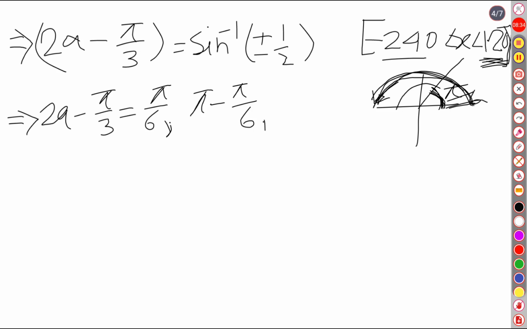Now in negative direction. Okay, so in the negative direction, let me draw another one. In the negative direction we will go over here, our angle is here as well as there. Okay, let me erase this, draw one more.